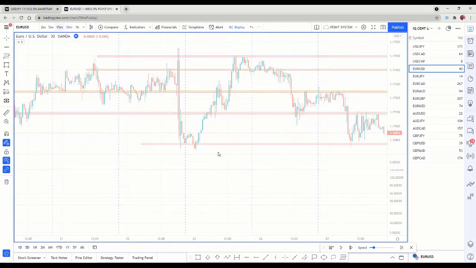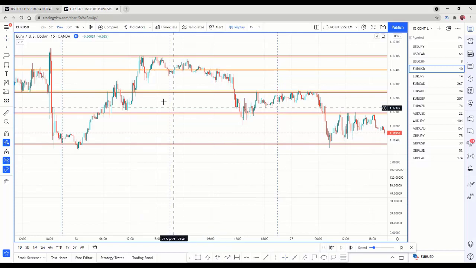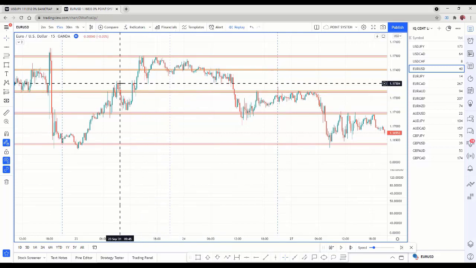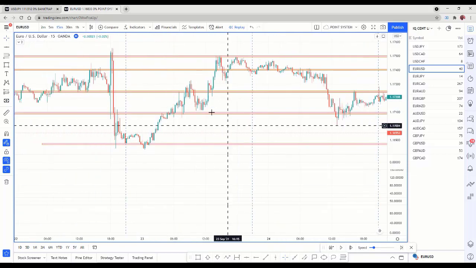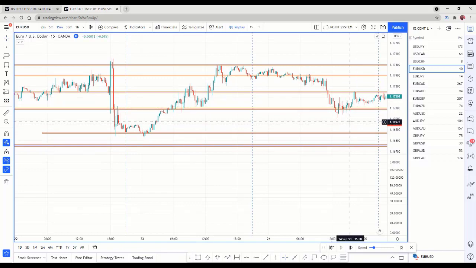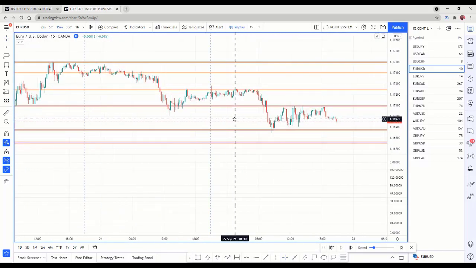Okay, I go back to my 15 minutes. Let's see if there's anything. Nothing really. Nothing. Okay. So now I need a light trade. Yeah. Light trade, 2 points and that is it.